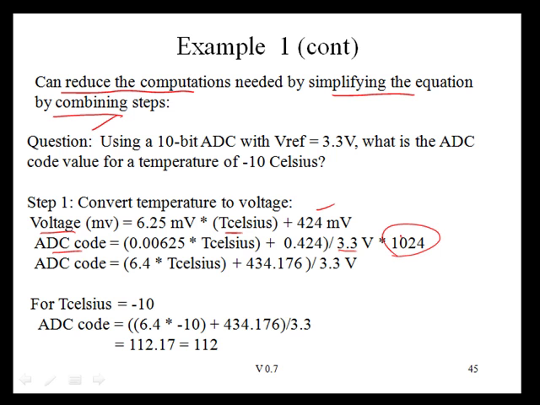We're going to multiply 1024 by these constants. Our equation will then be the ADC code is equal to 6.4 times T Celsius plus 434.176, all divided by 3.3 volts. So now we have fewer computations and we have only one equation. We plug in our value of minus 10 into this equation. We get the ADC code of 112.